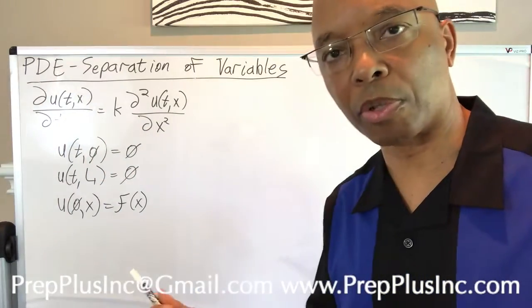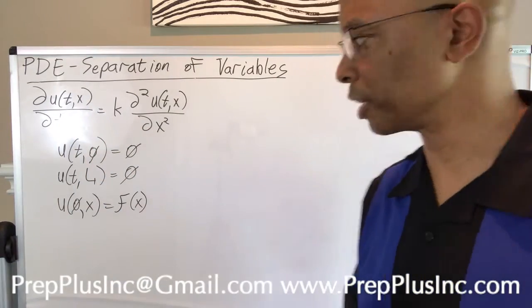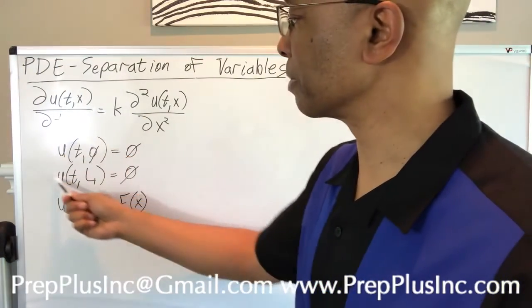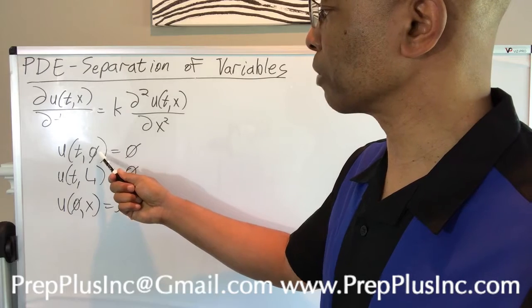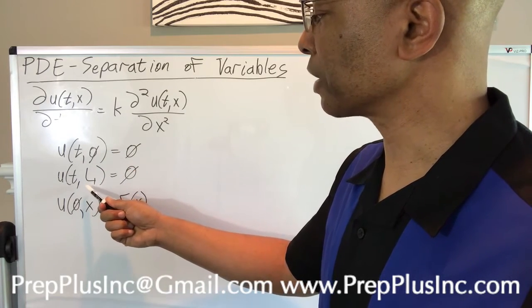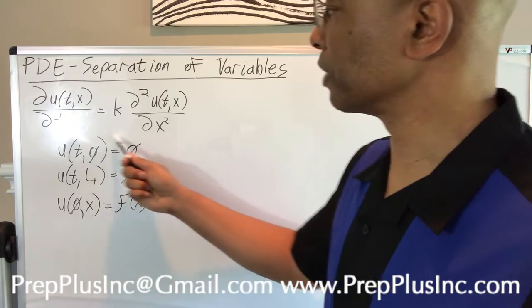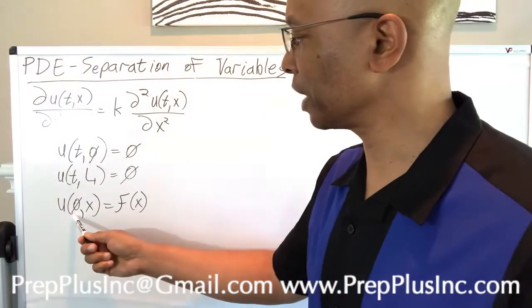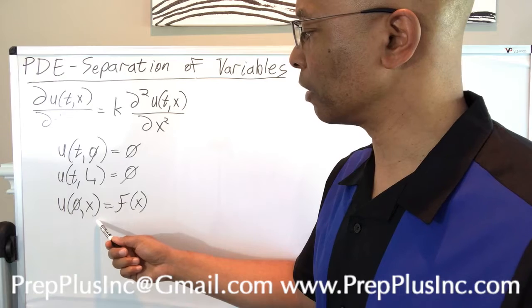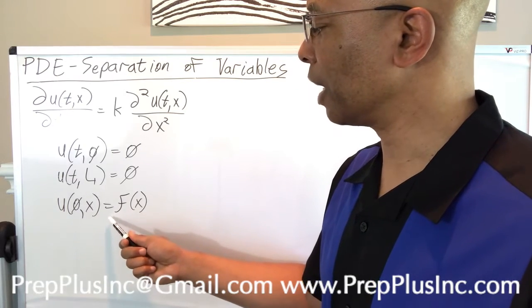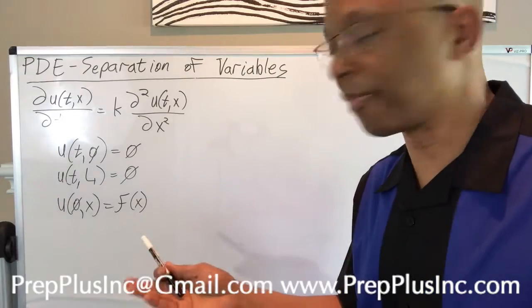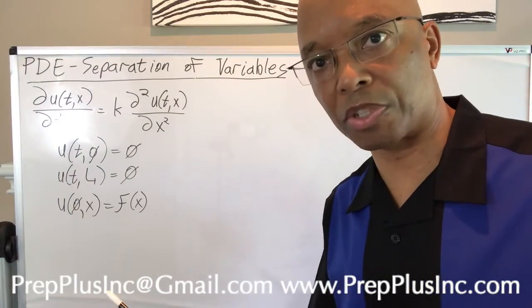We have boundary and initial conditions. The boundary conditions, for all times t, at x equals 0 and at the end x equals L, are that the solution is 0. And the initial condition, at time t equals 0, for all locations x, is that the heat distribution is given by some function f of x that someone has just given to us.